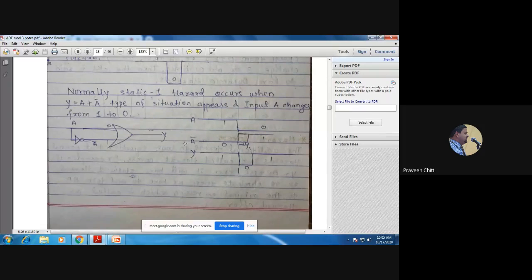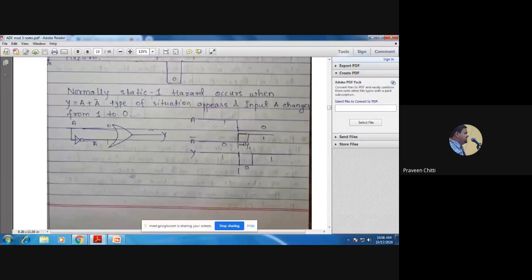Now assume A is 1. When A is 1, A bar has to be 0. So for this period, A is 1 and A bar is obviously 0. At this instant, input A is changing from 1 to 0.